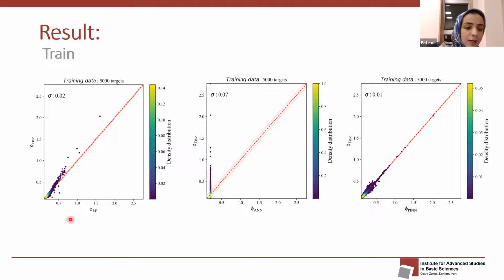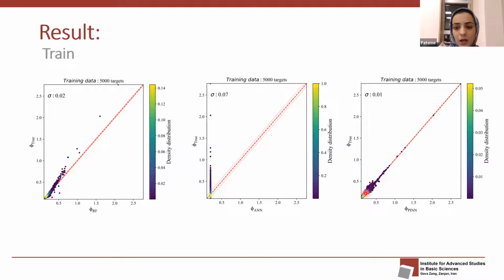And random forest wasn't too bad, but if you look precisely, you can see the random forest could not predict the higher potential. But the pin-based model, our proposed model, worked well on the trained data set.